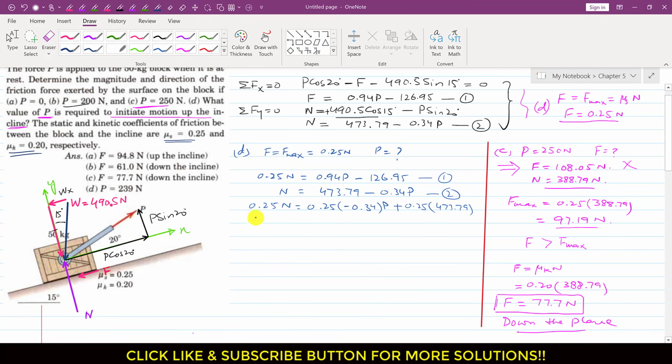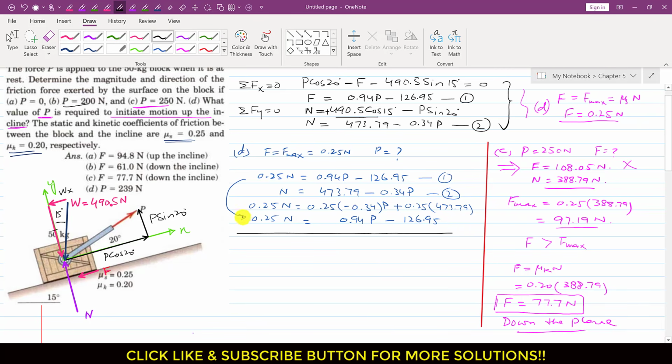And let me write equation 1 here. So this is 0.25 n equals 0.94p minus 126.95. So now we subtract equation 1 from 2. This is equation 1, this is equation 2.